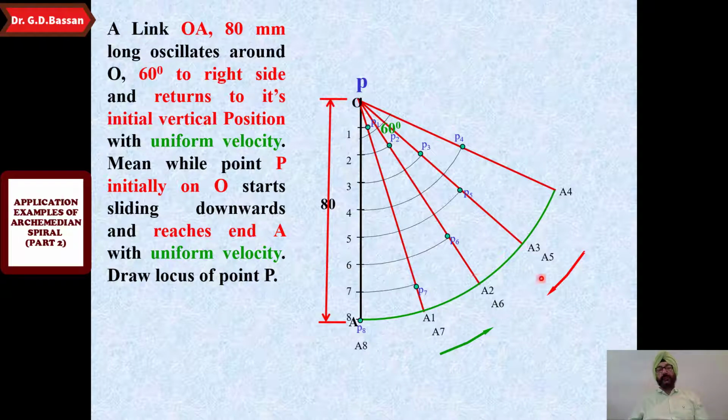Join all these points with a smooth curve and we get the spiral, the Archimedes spiral of the said example. So this is how we can solve this particular example.